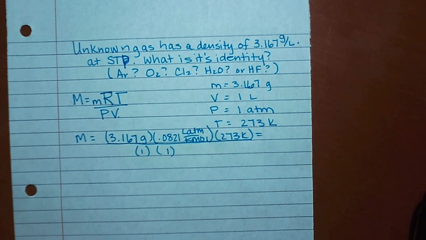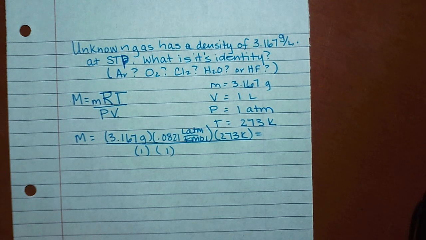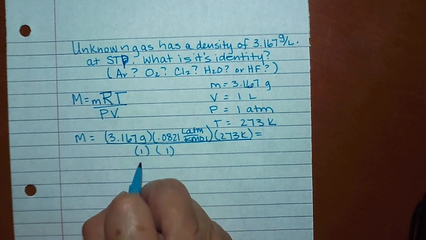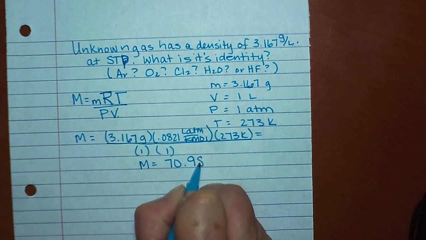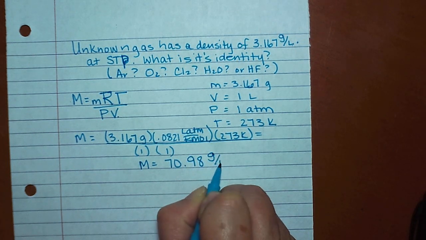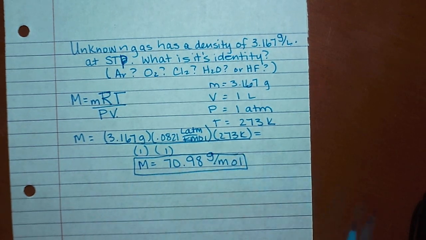Oh, that's pretty easy. All right, so let's give it a try and see what we come up with. 3.167 times 0.0821 times 273. And I get 70.98. So the molar mass is equal to 70.98 grams per mole.